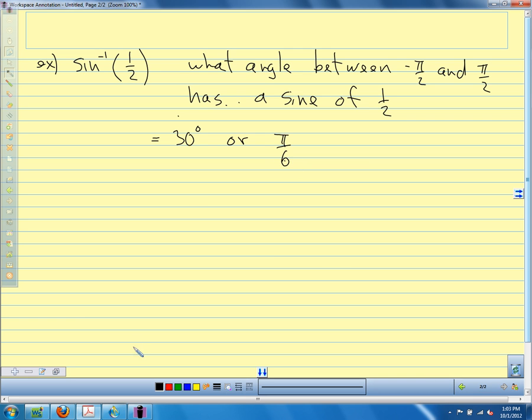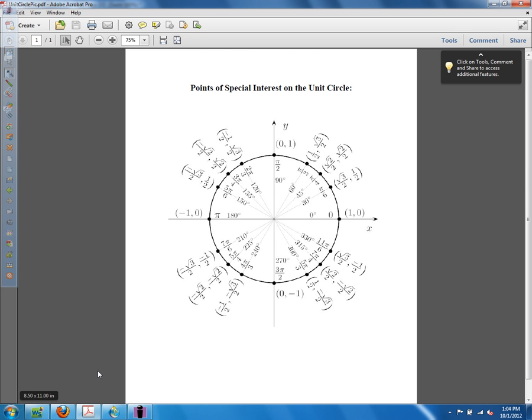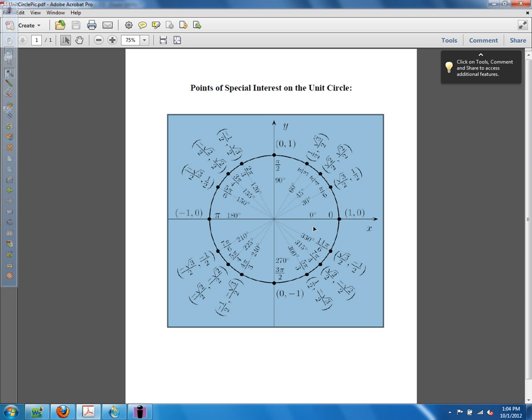And one thing that I want to remind you about on the unit circle: negative angles mean we're going clockwise. We're not going all the way around counterclockwise, we're going clockwise down this way.